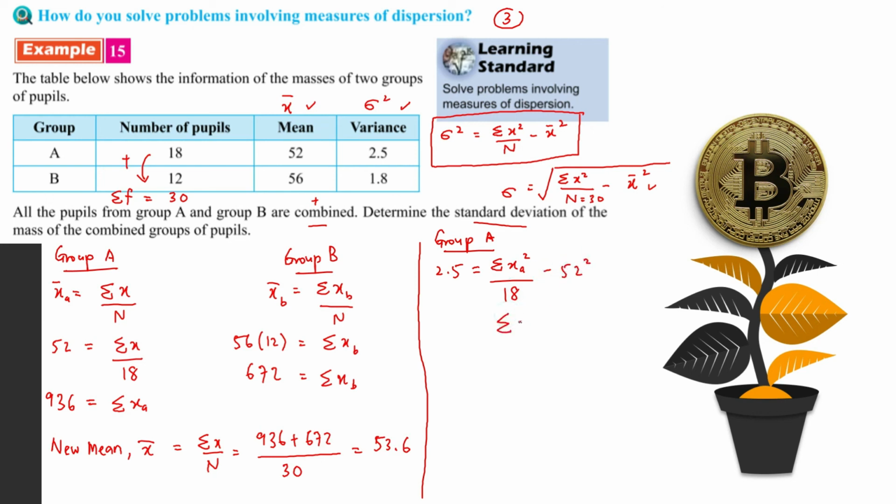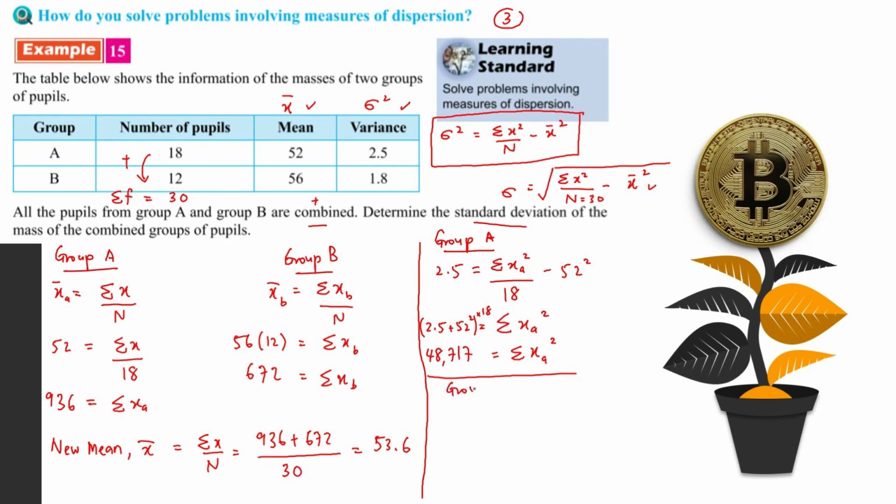So I got here. Okay, so we add first here, so 2.5 plus 52 square, and then you times 18. You will get 48,717 for the sum of square data.